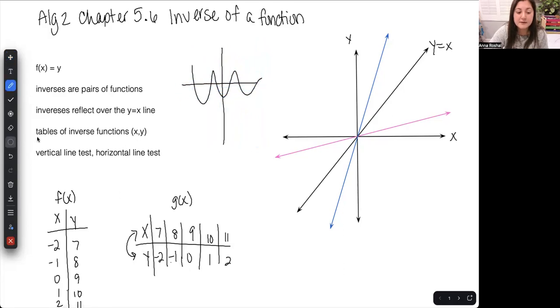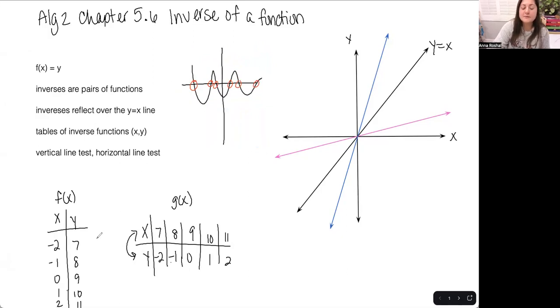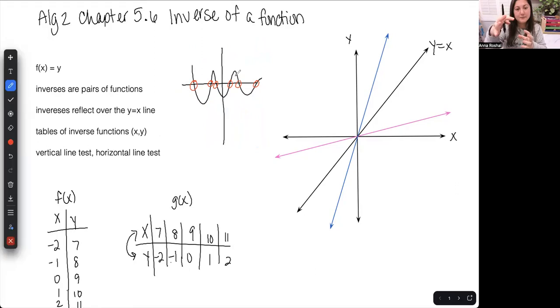I'm going to have one here, one here, one here. My x-axis is going to hit this graph so many times. I know that this will not be an inverse function because this will technically need to be reflected on this y equals x line. So it'll rotate, it'll translate, and so this will not be an actual function.